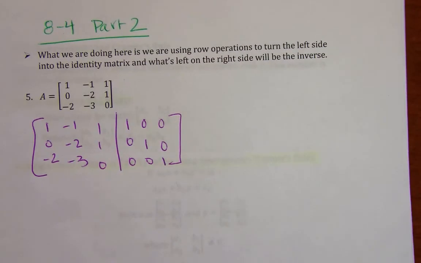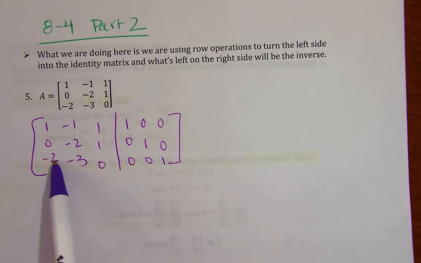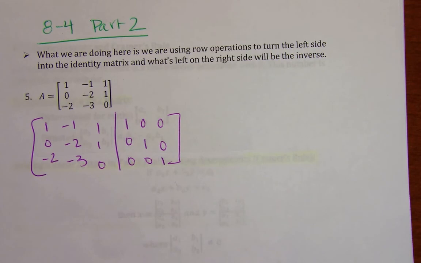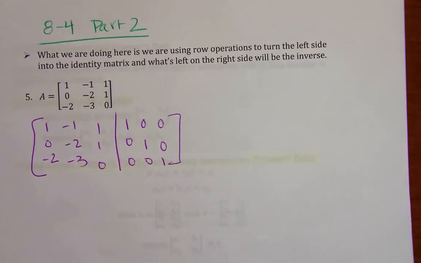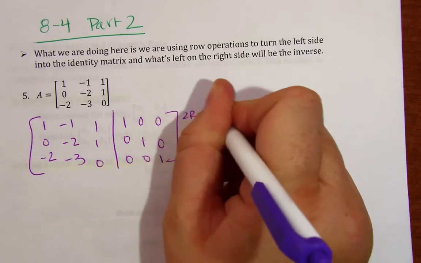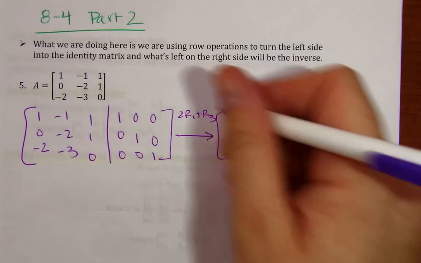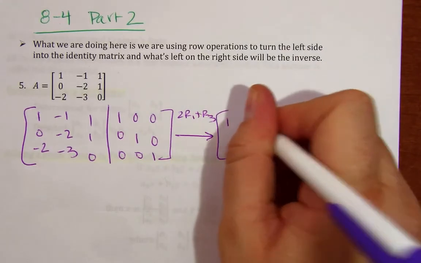And I'm going to start combining some steps here. So I'm going to multiply 2 times row 1 and add it to row 3 to get that 0 right here. So let's see, we have 2 row 1 plus row 3. And this is another opportunity just to practice those row operations.